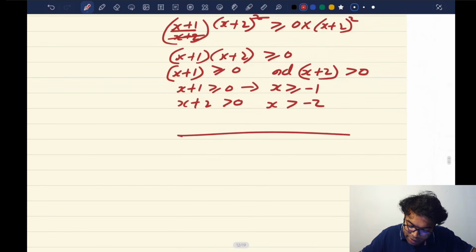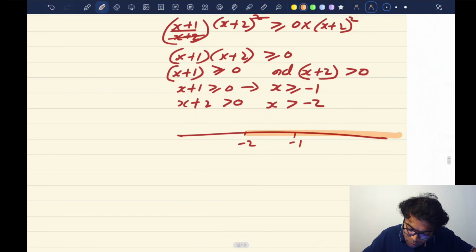Now let's draw a number line like this. This is minus 1 and this is minus 2. So it should be greater than or equal to minus 1 and greater than minus 2. Greater than minus 2 gives you this whole region. Greater than or equal to minus 1 gives us this whole region.